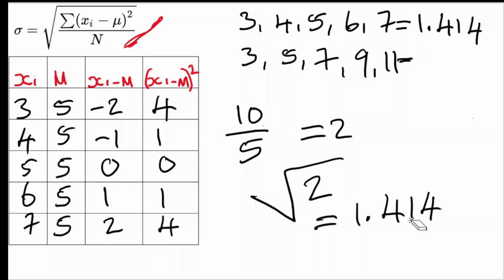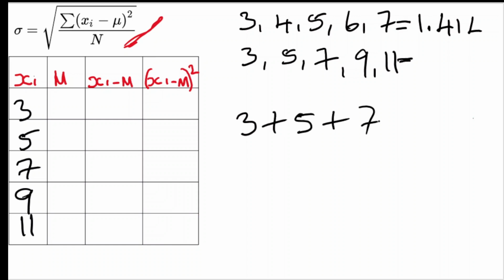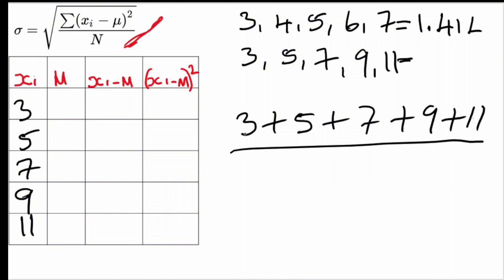Okay, let's solve the second one. Okay, the second one here, we have 3, 5, 7, 9, 11. So let's calculate our mu. 3 plus 5 plus 7 plus 9 plus 11 divided by 1, 2, 3, 4, 5, okay?